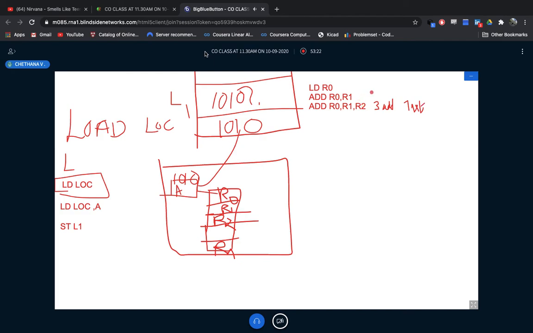Now, the second one is how much? The second one is a 2 address instruction. That is nothing but ADD R0, R1, which is a 2 address instruction. Very good.